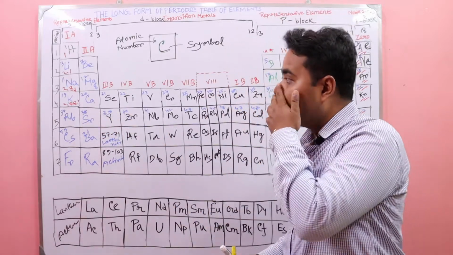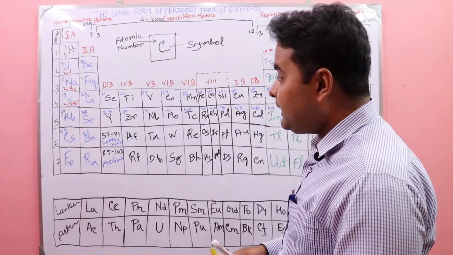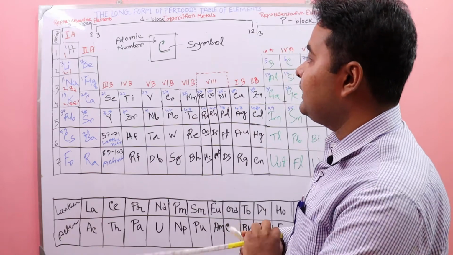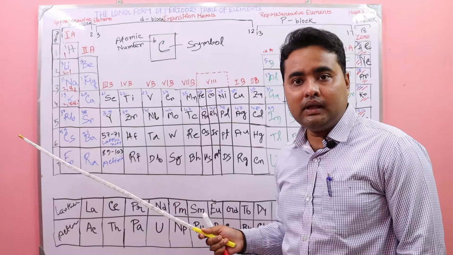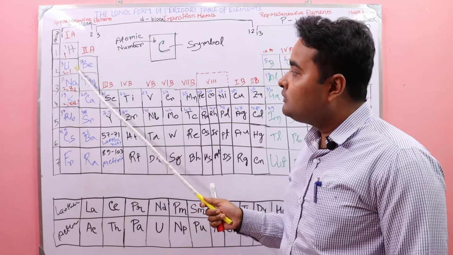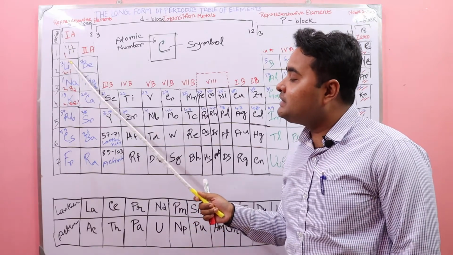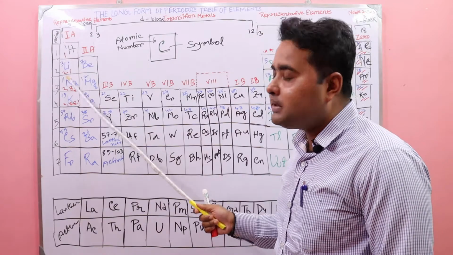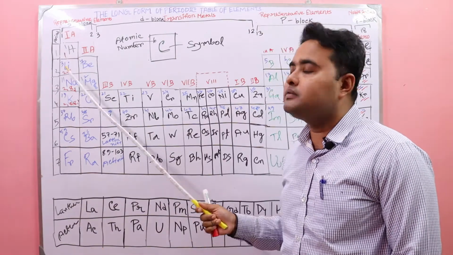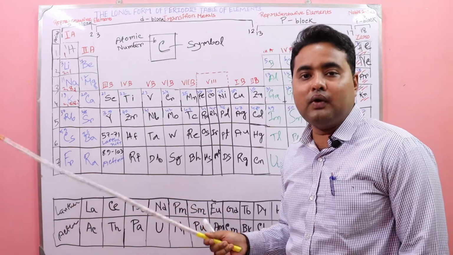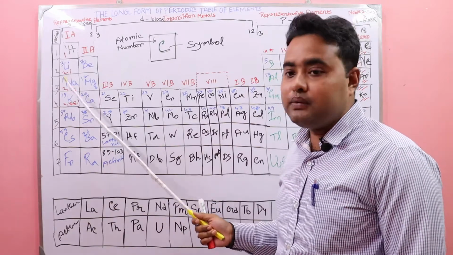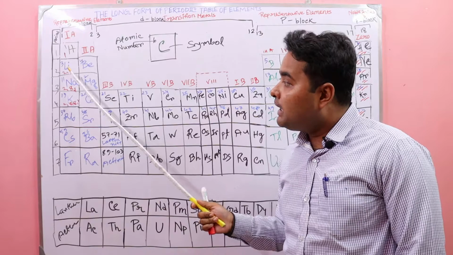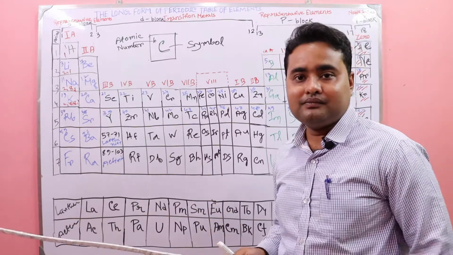Here, the outermost shell contains 1 electron. That means they all want to remove 1 electron from their outermost shell to form a positively charged single cation. That's why their nature is similar.